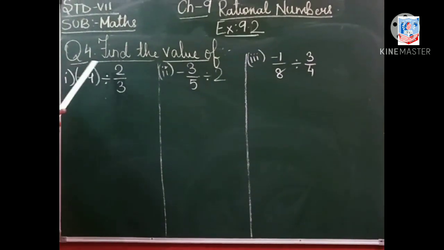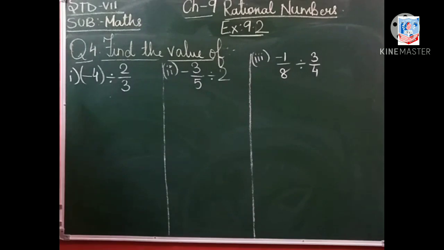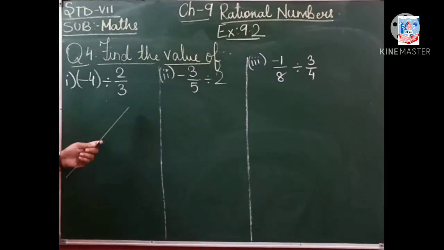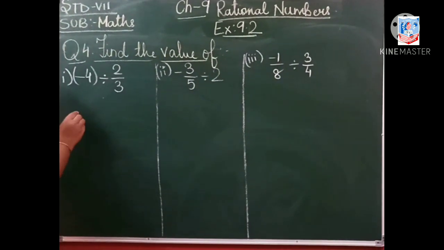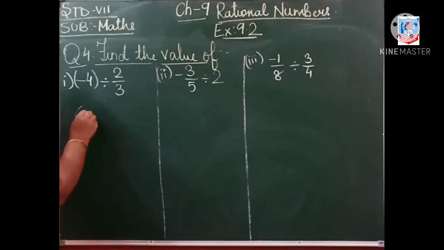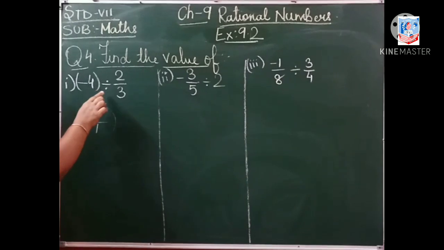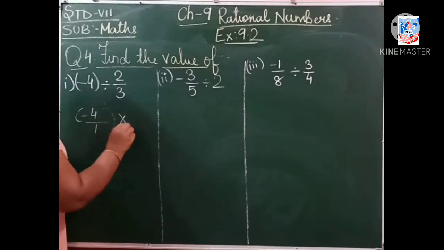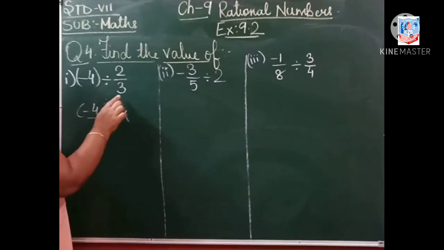Question number 4. Find the value of. Now first sum is minus 4 divided by 2 by 3. Now here no denominator, so what will we do? We will put 1. Now, for division what are we doing? This will change into multiplication, and this will become the reciprocal.